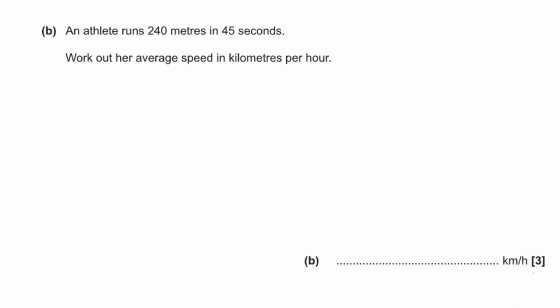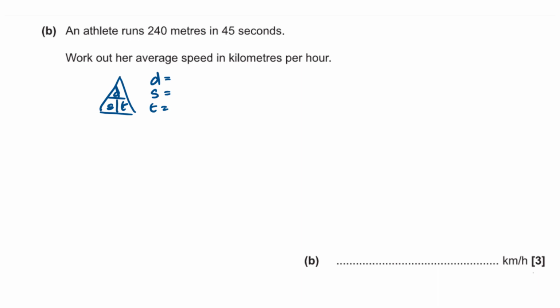An athlete runs 240 meters in 45 seconds. Work out her average speed in kilometers per hour. Well, I've got another handy triangle for distance, speed, time. This time I've got d on the top. These are alphabetical: d, s, t. Distance, speed, time. Again, I'm going to do it pretty much the same way as I did the percentage problem.